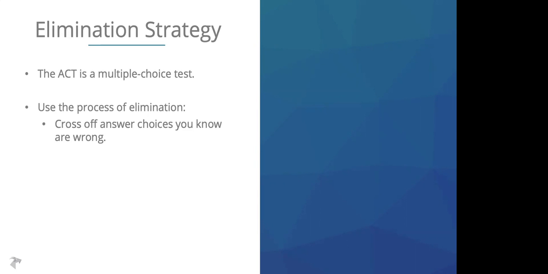So anytime we can get rid of a few of those options, it's excellent. Using the process of elimination is especially useful if you have no idea how to answer or approach a question, or if you're running out of time. It involves crossing off answers that you're sure are incorrect, and then making an educated guess or solving to see what the answer is.